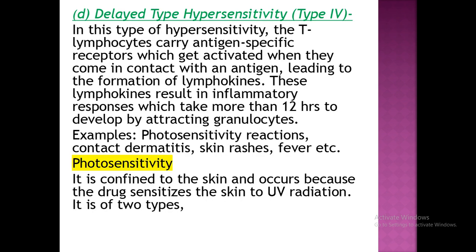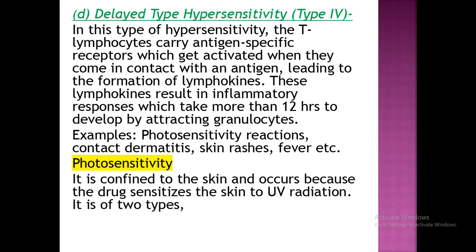Then the fourth type is delayed type hypersensitivity. In this type of hypersensitivity, the T lymphocytes carry antigen specific receptors which get activated when they come in contact with an antigen, leading to the formation of lymphokines. So in type 4 we can see the formation of lymphokines.